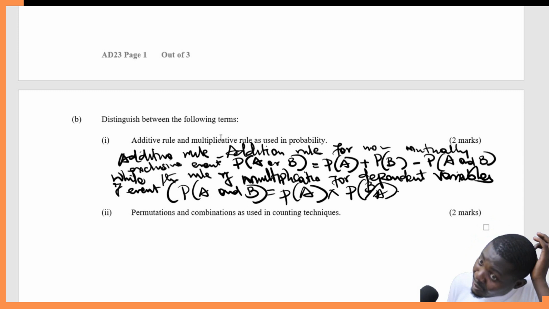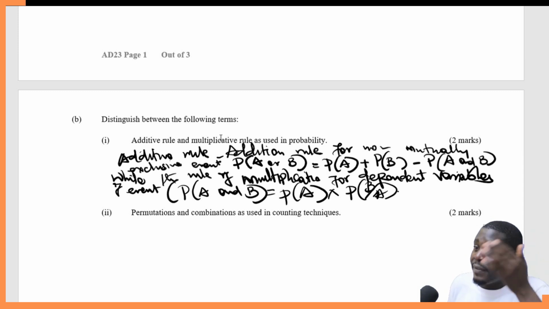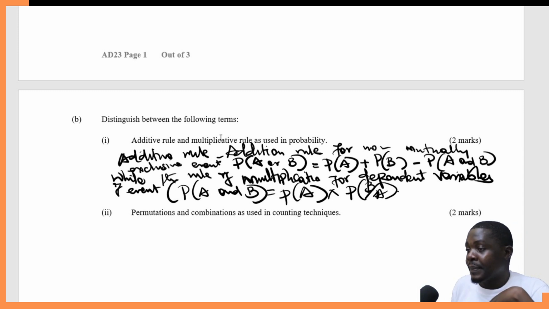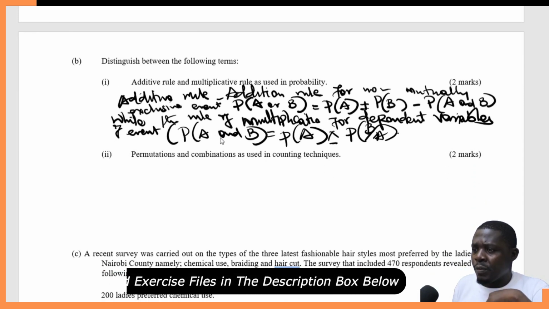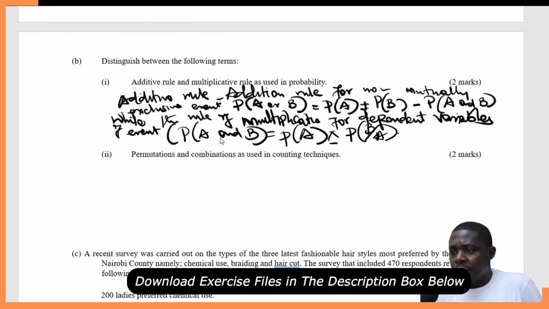That's the difference between the additive and the multiplicative rule. This one we are adding, while this one we are multiplying. And then Roman 2, the permutation and combination of a set, used in counting techniques.